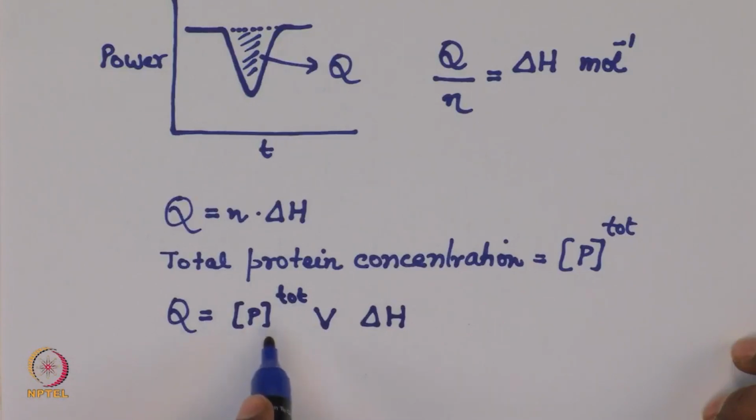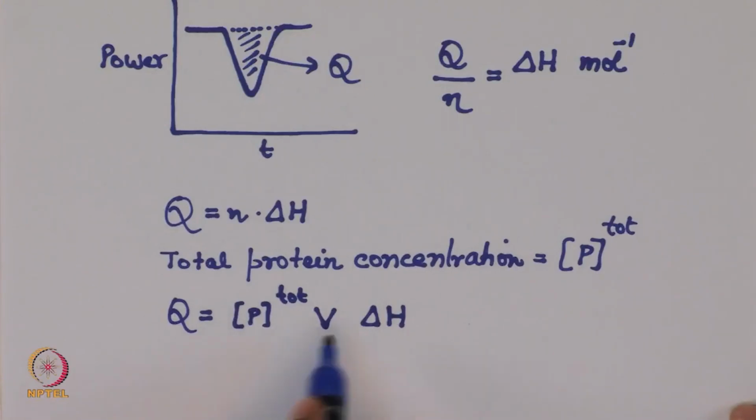It is the total concentration of the product formed, which is also equal to the total concentration of the enzyme reacted, if it is 1:1 binding, into volume into delta H.